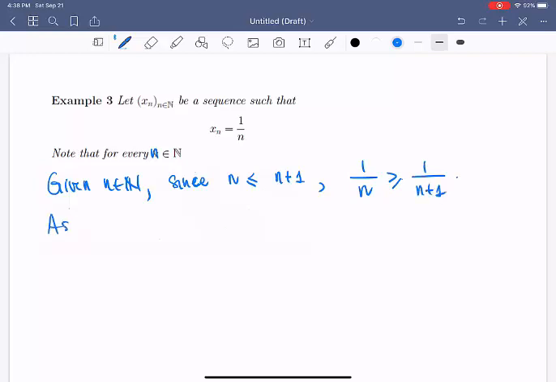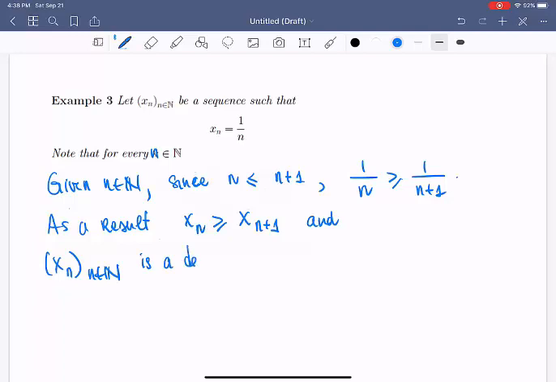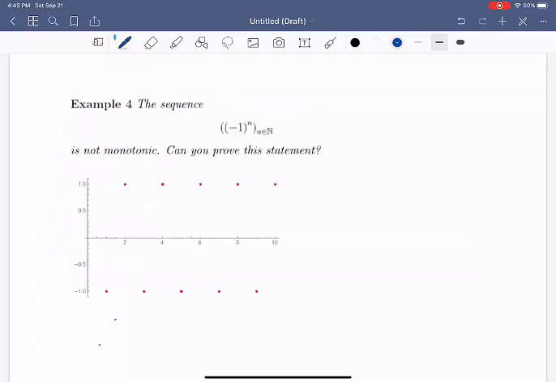As a result, xn will be greater or equal to xn plus 1, and this means that xn is a decreasing sequence.